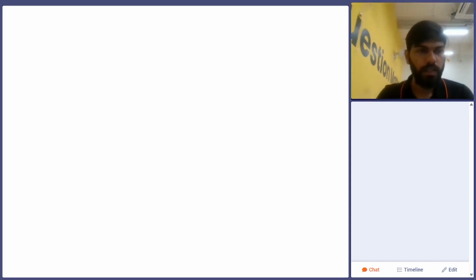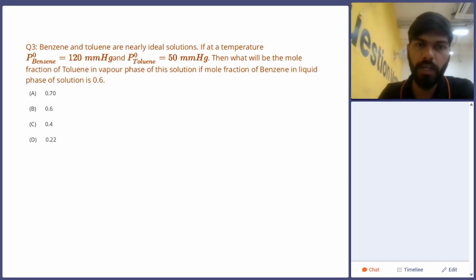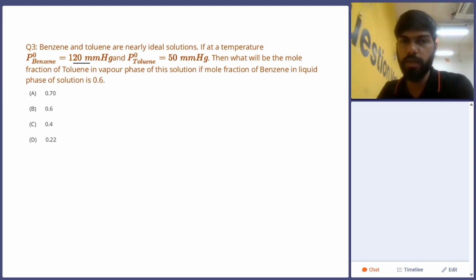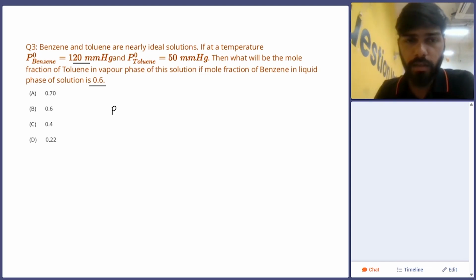Next question: benzene and toluene form a nearly ideal solution. At a given temperature, the pure vapor pressure of benzene is 120 mm mercury and the pure vapor pressure of toluene is 50 mm mercury. Then what will be the mole fraction of toluene in the vapor phase if the mole fraction of benzene in the liquid phase of the solution is 0.6? First of all, we apply the total pressure formula.